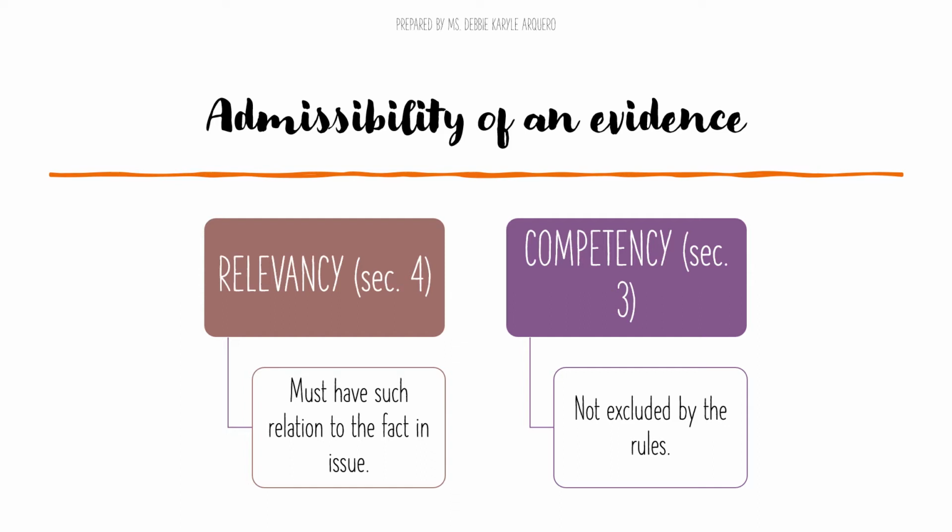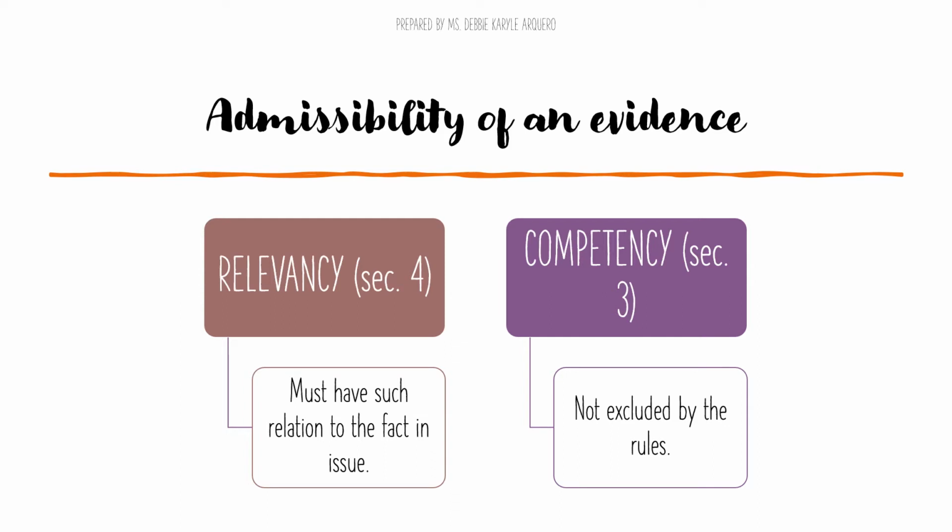Next, a requirement for an evidence to be admissible is that hindi lang sapat na relevant siya sa kaso. Dapat, which is important also, is that the evidence should be competent. Ibig sabihin, it is not excluded by the rules of the court. Meaning that evidence is not a fruit of the poisonous tree.